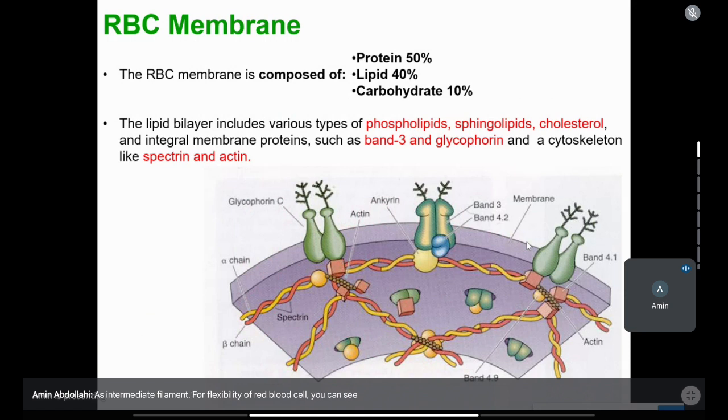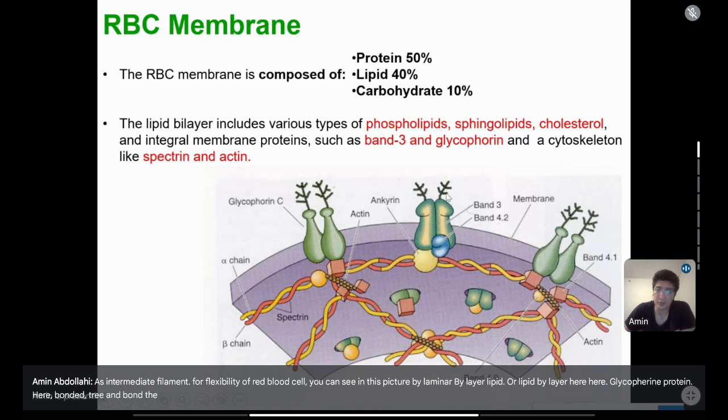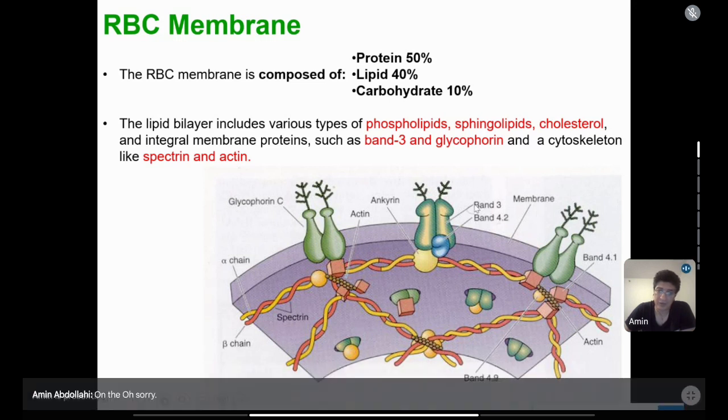You can see in this picture the bilayer lipid or lipid bilayer here, glycophorin protein here, band 3 and band 4.2 as proteins, and here this is band 3, this is band 4.2. All of these are integral membrane proteins.